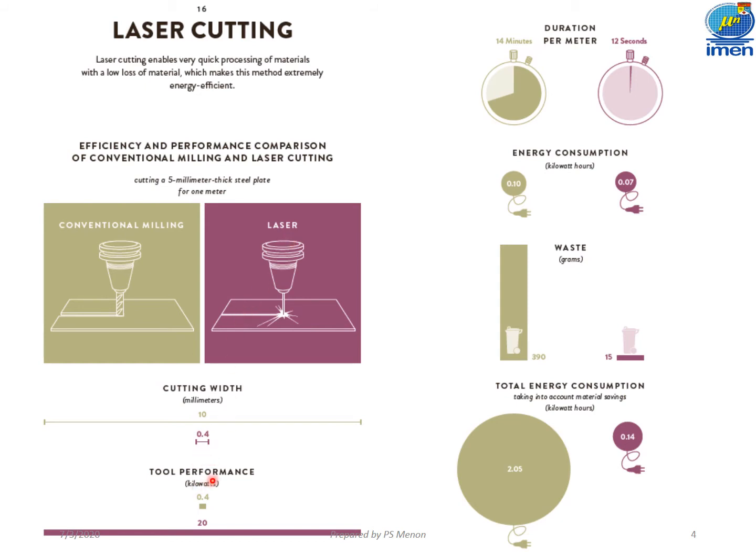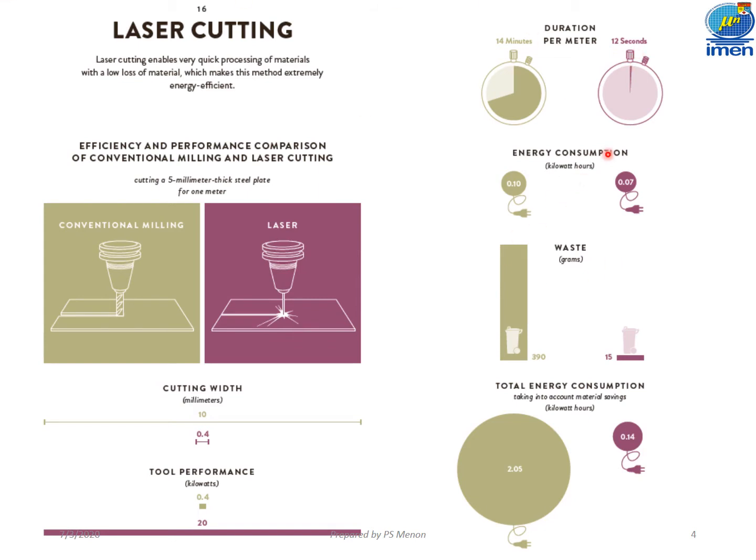The tool performance: for conventional milling, the performance is very low, 0.4, a lot of loss, whereas the laser is about 20 kilowatt, very high performance. The duration per meter: conventional milling needs 14 minutes to create a 1 meter cut, whereas the laser only requires 12 seconds, very fast.